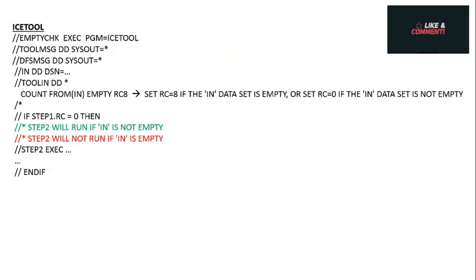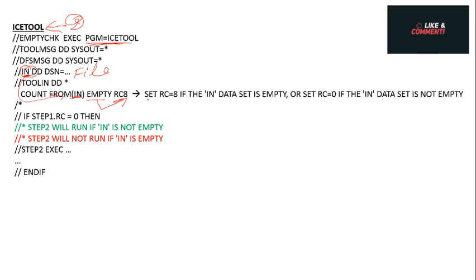Okay, let's go to the second utility, ICETOOL. Here we are using the ICETOOL utility with an input file. You can give the file name here, and this is the DD statement IN. What we are doing here is checking the count of the input file. If it is empty, then set return code 8.